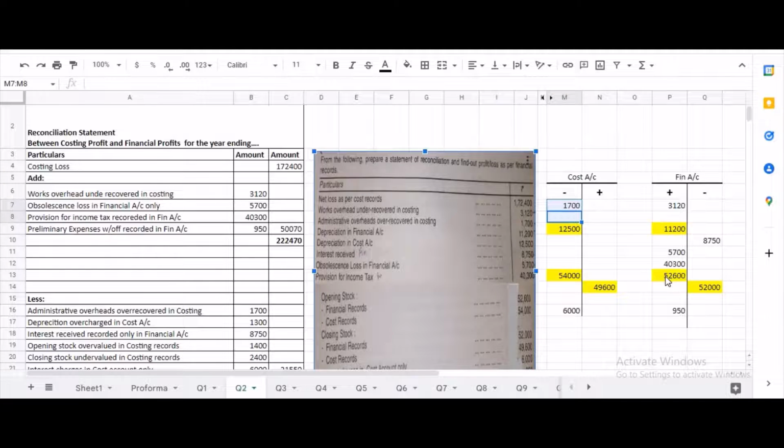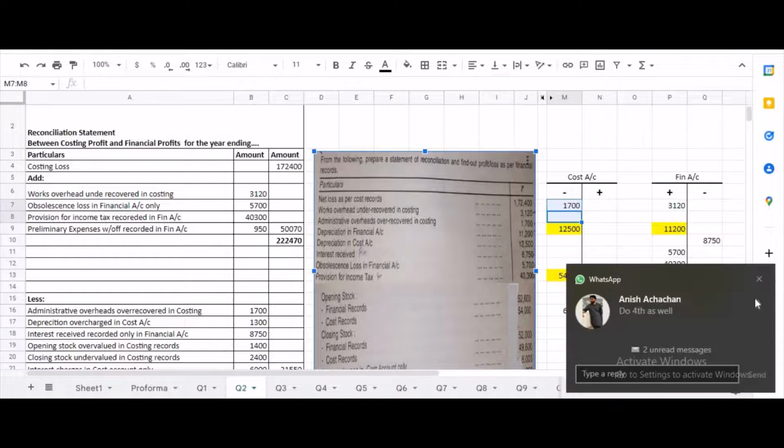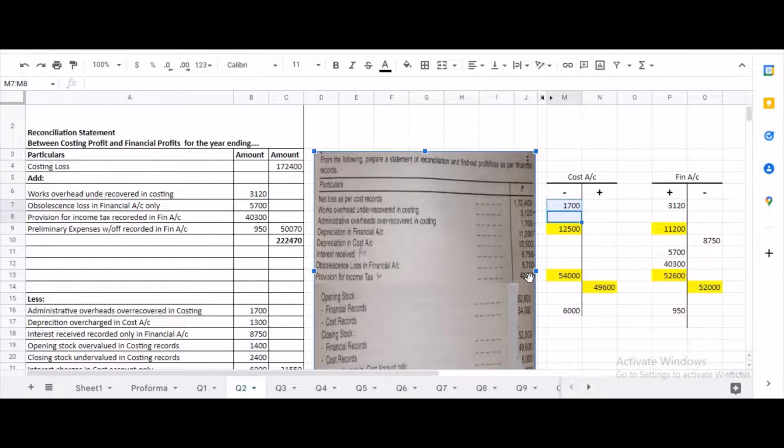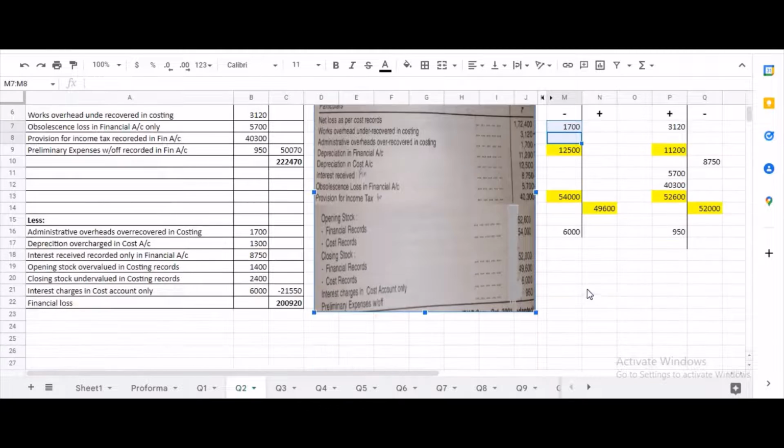If we compare, the greater is this, so the difference is 1,400, and it should be minus, as it is overvalued in the costing account.